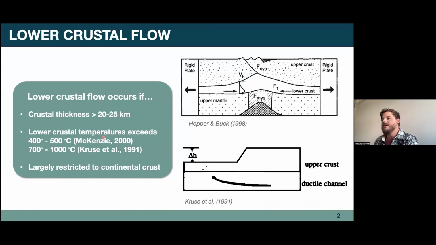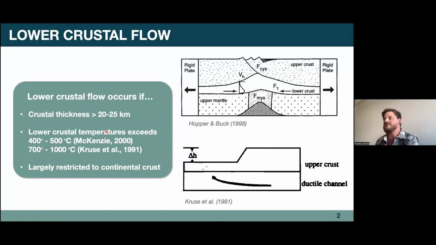So, lower crustal flow can occur if we meet certain requirements, such as crustal thicknesses which should exceed 20 to 25 kilometers, and the lower crustal temperature should be above 500 degrees.